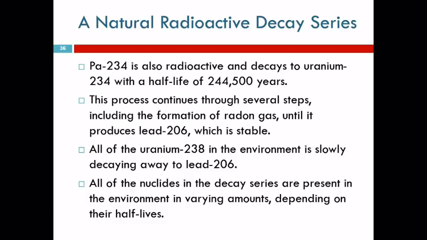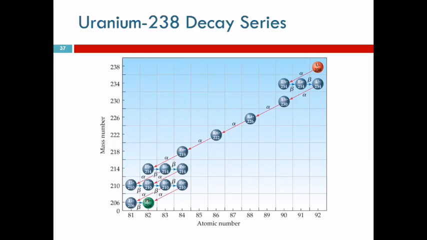All of the nuclides in this decay series are going to be present. And how much of them there are depends on how long their half-lives are. So things with longer half-lives, there's going to be more of it around than things with short half-lives. Here's a graph that shows this decay series of uranium-238.